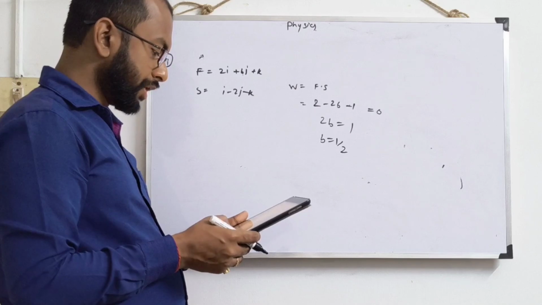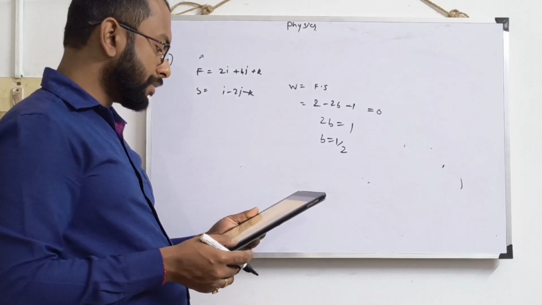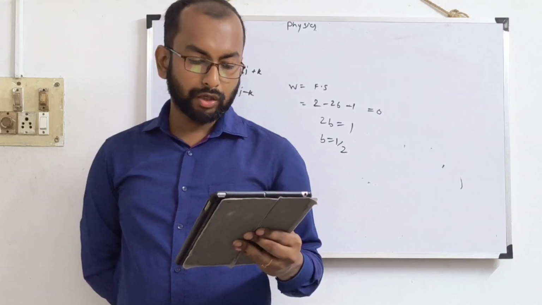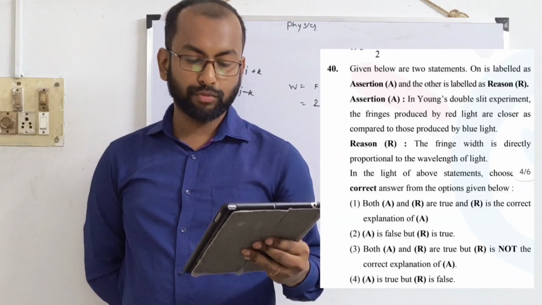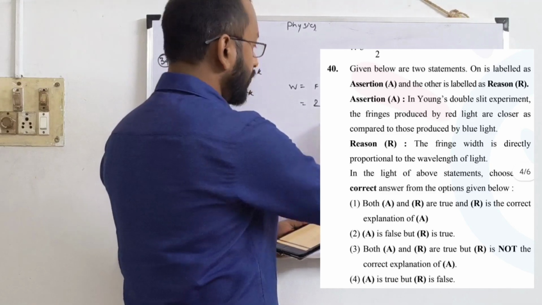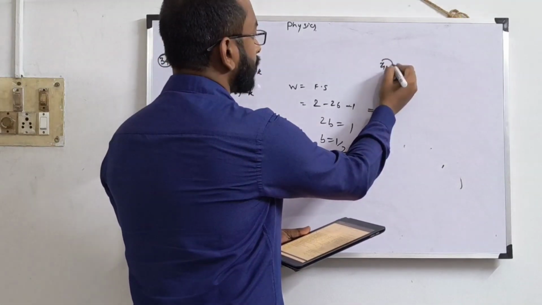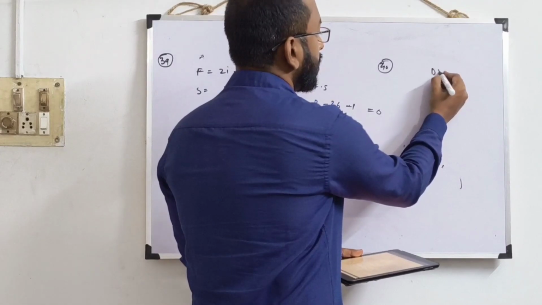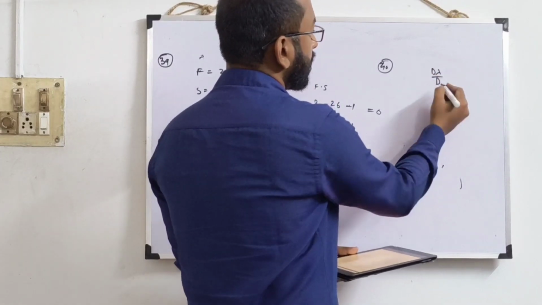The next question: in Young's double slit experiment, the fringes produced by red light are closer as compared to those produced by blue light. So question number 40, the fringe width is D lambda by d, sorry, lambda D by small d.